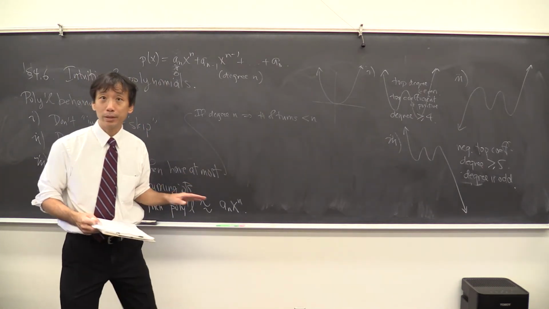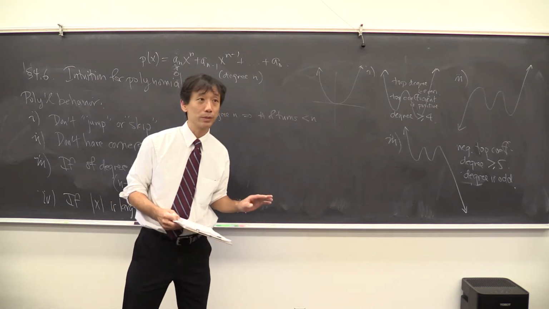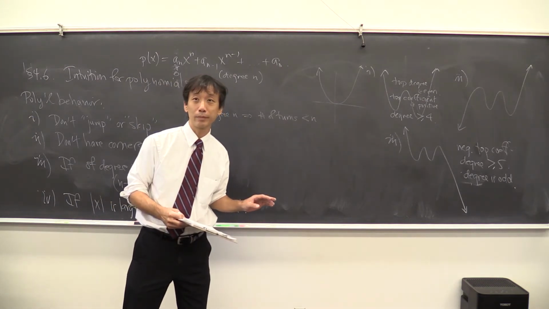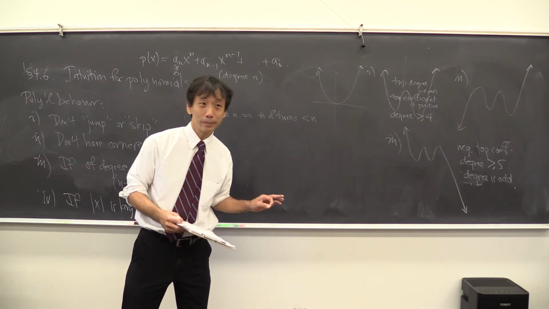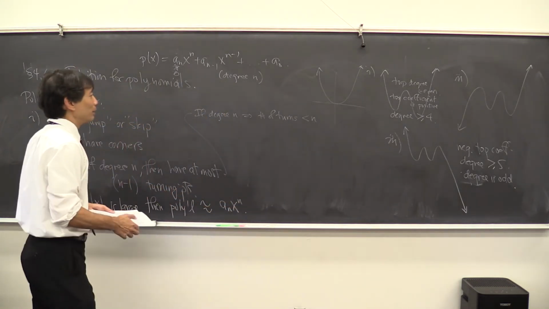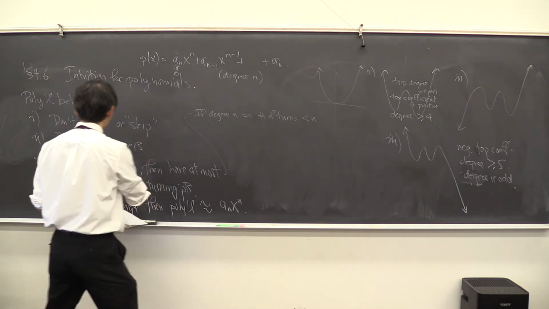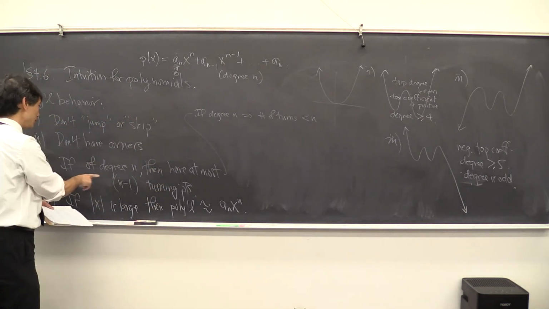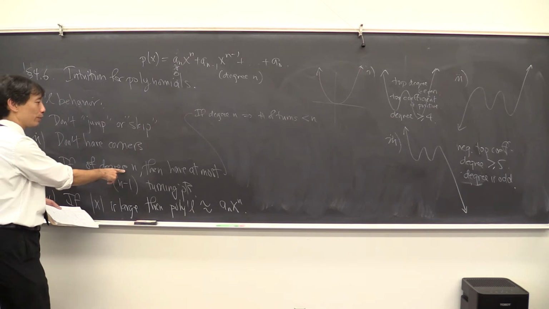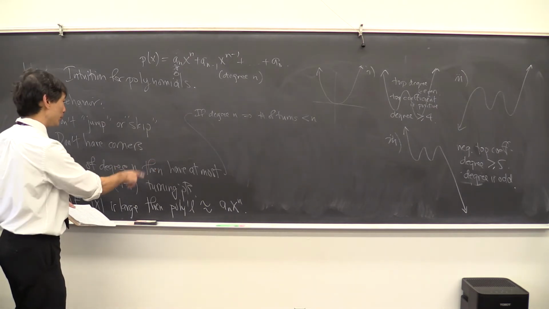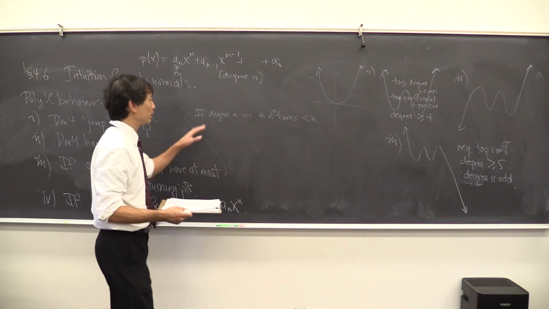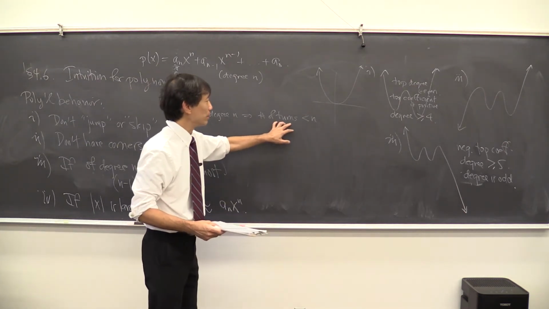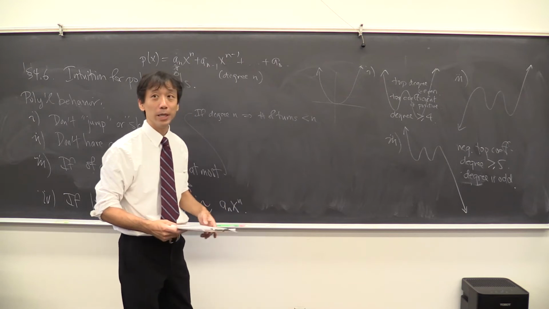Is everybody all right with that? Any questions? Okay. Let me write this out a little more clearly. If it's degree n, it must have at most n-1 turning points, so the number of turns must be less than n.